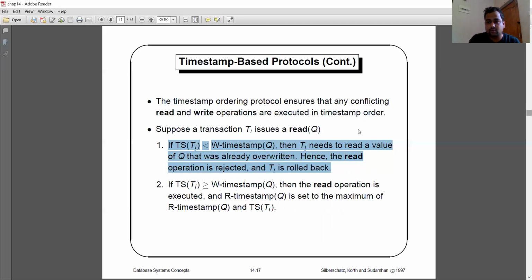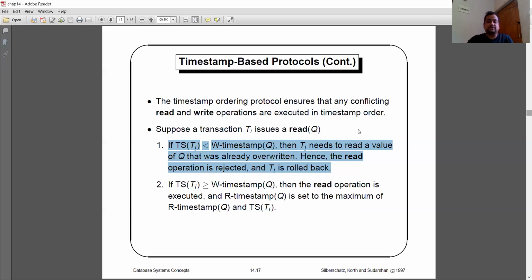That means the timestamp of TI is a lesser value than the write timestamp of Q. So TI is executed first, then the write of Q will be executed. Hence, TI needs to read a value of Q that has already been overwritten. Hence, the read operation is rejected and TI is rolled back.